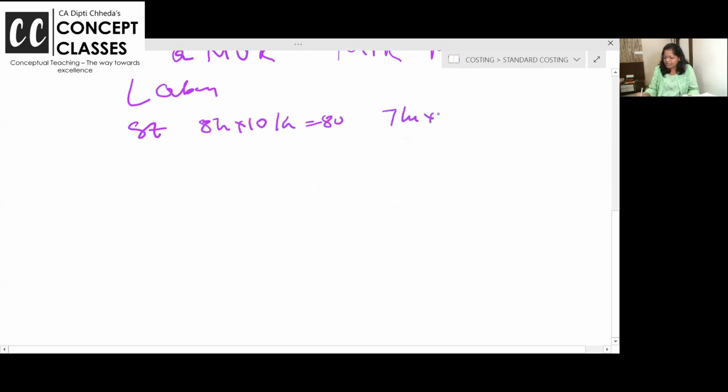Actually 7 hours into 12 per hour. 12 into 7 comes to 84. Is the labor cost increasing, standard versus actual? Yes. Is it adverse? 4 rupees? Yes. What is the reason? Quantity is decreased, but price is increased.